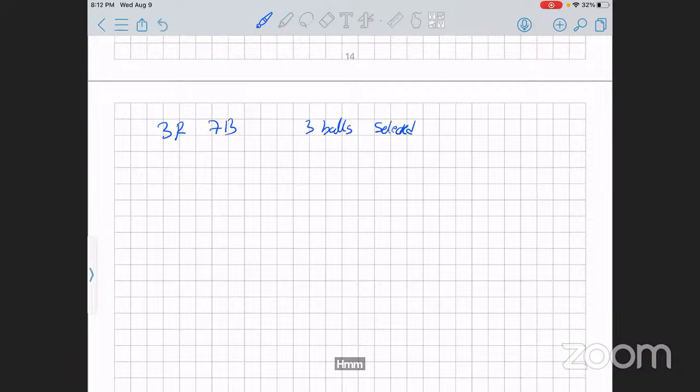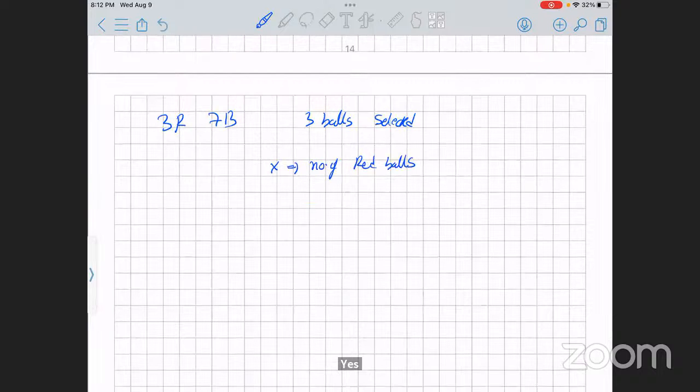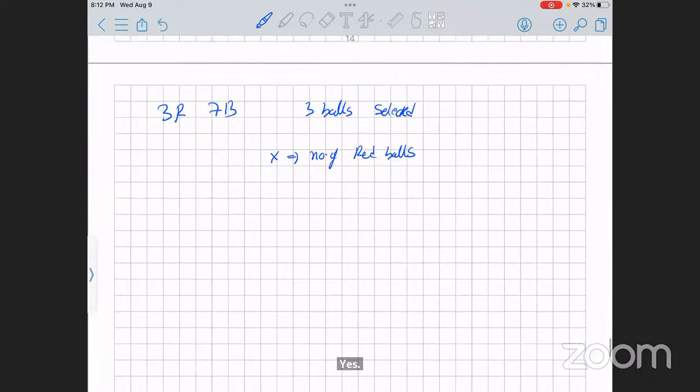Let X be a random variable, the number of red balls in 3 draws. Which of the following is the correct probability mass function? Look, he said in 3 draws, the number of red balls in 3 draws.